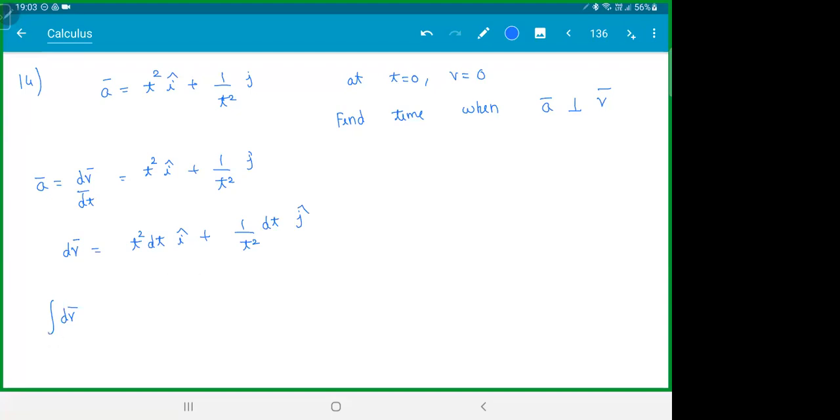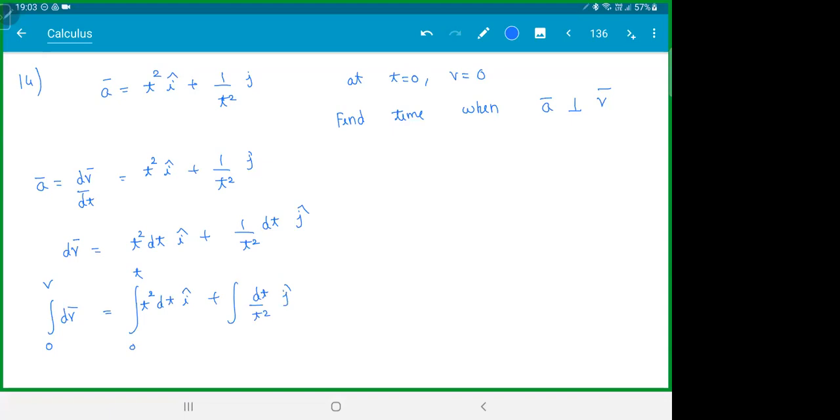Now here the velocity initially is 0. So yeah, 0 to v. And this will be integral of t square dt I cap plus dt by t square j cap. Limits will go from 0 to t. I goofed up, I guess.